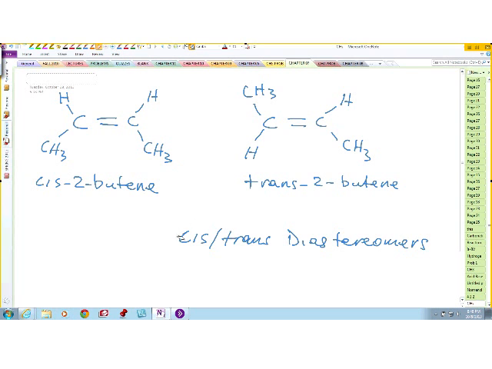Now, the cis-trans nomenclature would be fine for a lot of compounds, but there are instances where we cannot use cis-trans designation to describe those cis-trans diastereomers.